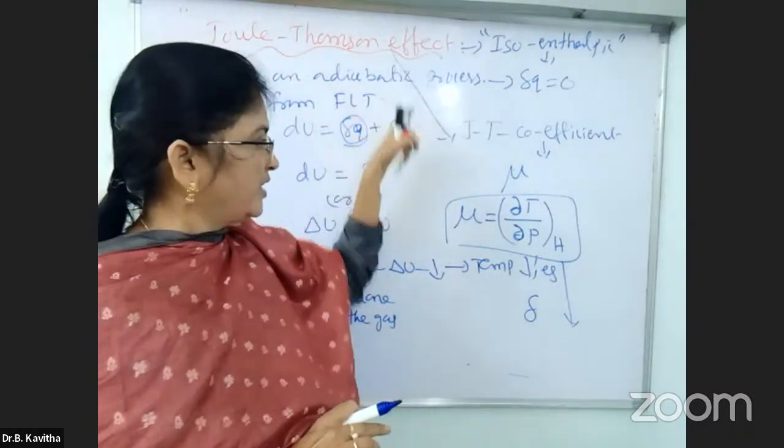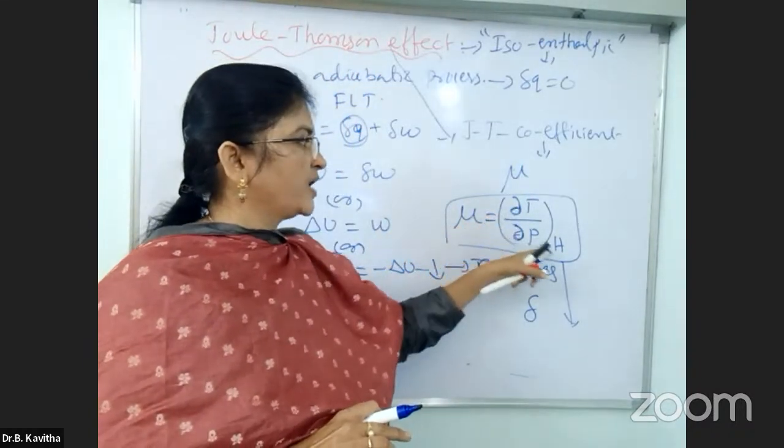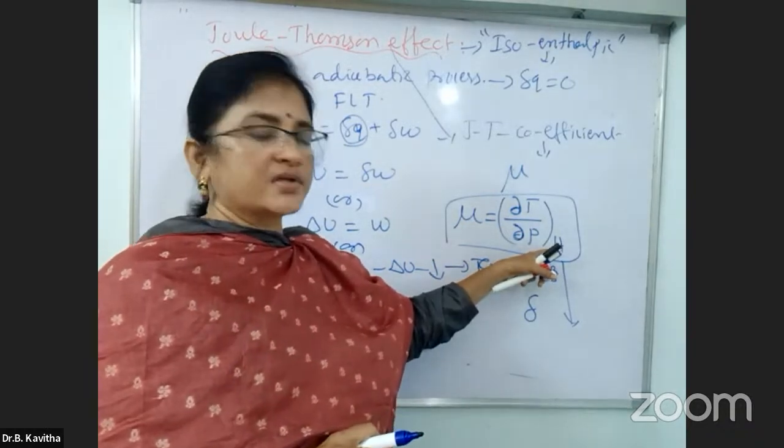Okay, so mu is equal to ∂T by ∂P at constant H. Write down the equation.